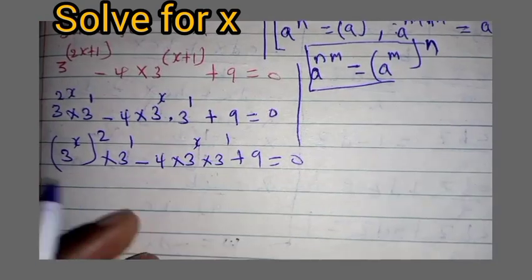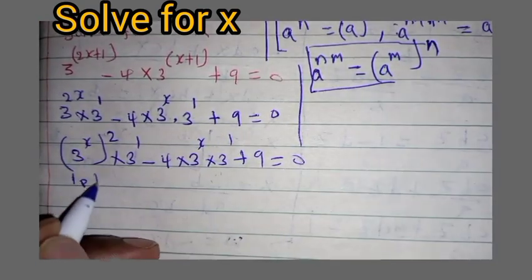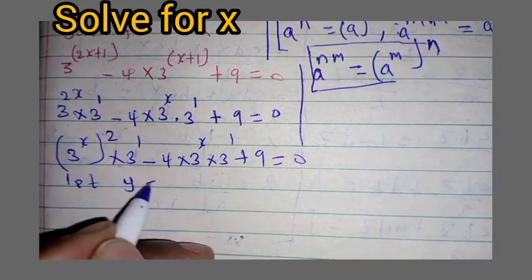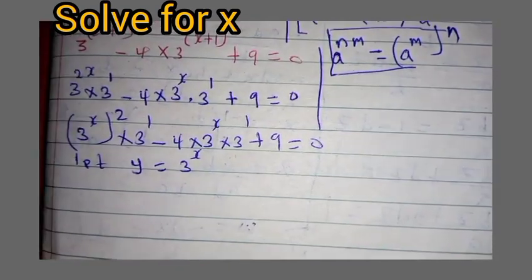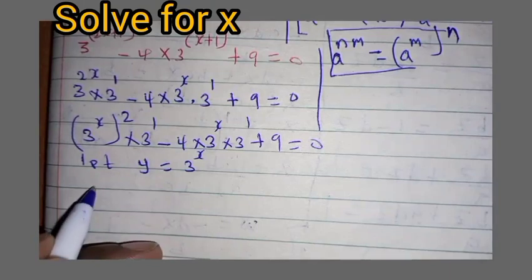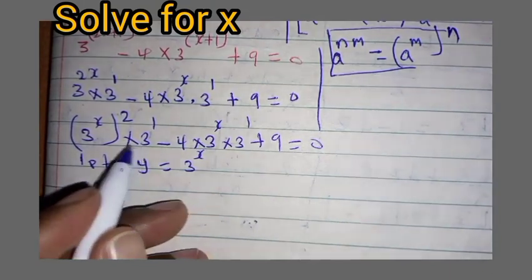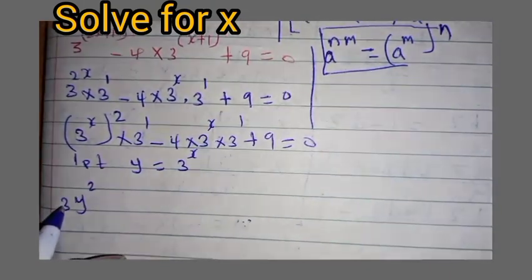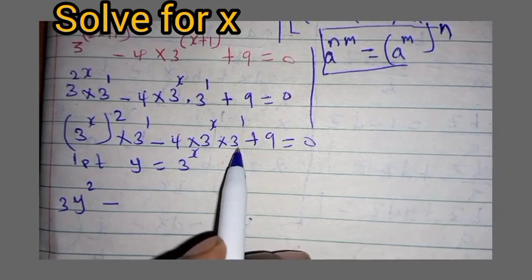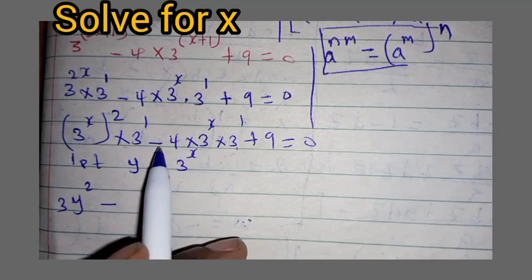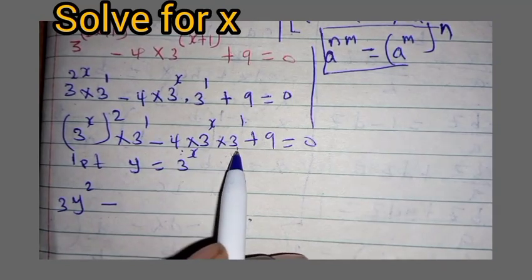Then at this level, we are going to let our y be equal to 3 power x. So here we will have y squared times 3 power 1, which is 3y squared, minus 3 power 1, which is 3, times 4, that is 12.